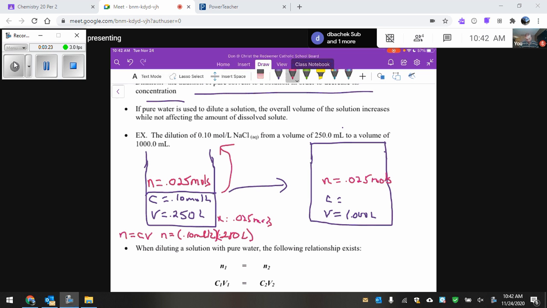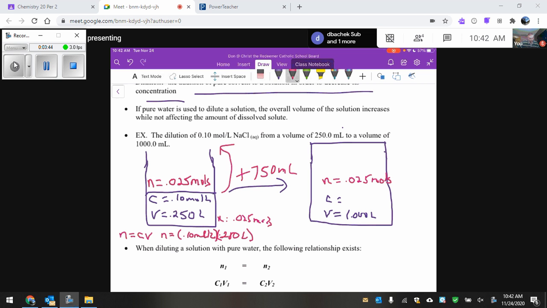And by the way, I had to add 750 milliliters of water. Make sure you write that in there as well. So I add 750 milliliters of water. I'm now at 1,000 milliliters, or a liter. I still have the exact same amount of solid. That didn't change. I didn't add any sodium chloride, I'm just adding water.